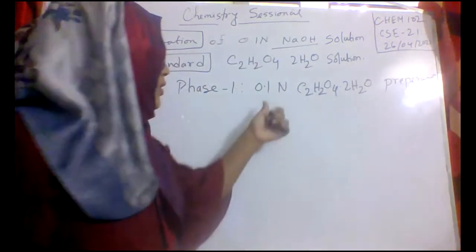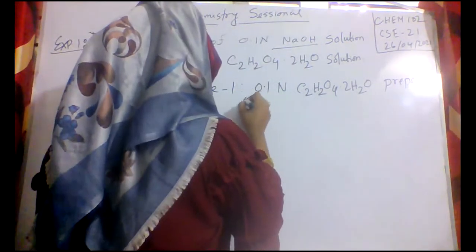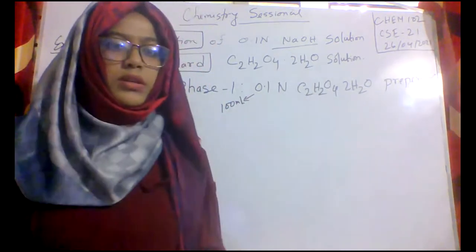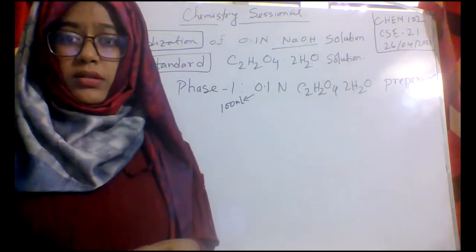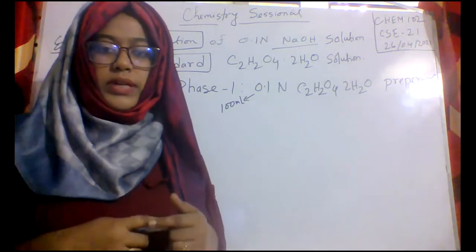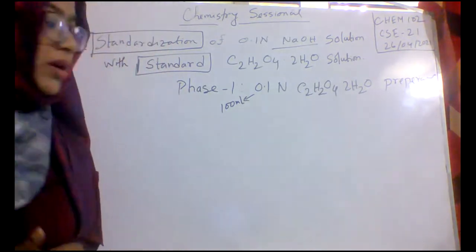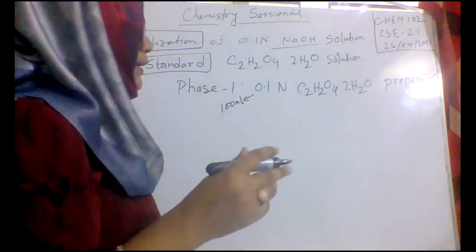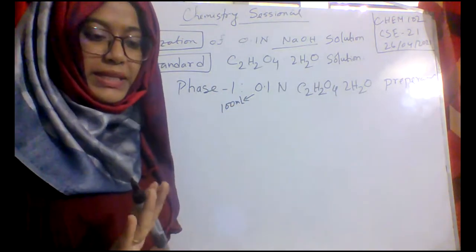Can you prepare 100 ml? It is 100 ml, okay? 100 ml of this solution preparation. So can you prepare a normal solution? What is normality? Do you know this one? Have you any idea? Yes, madam.